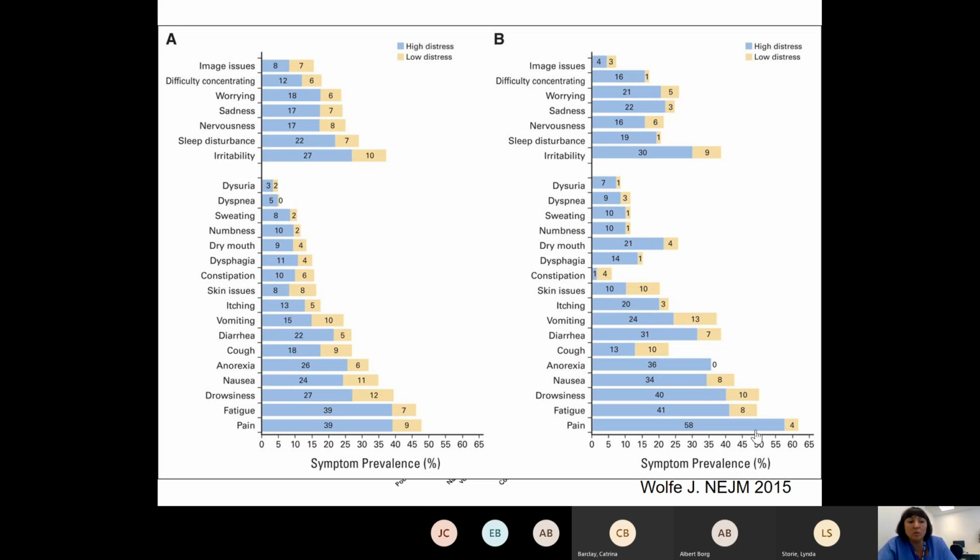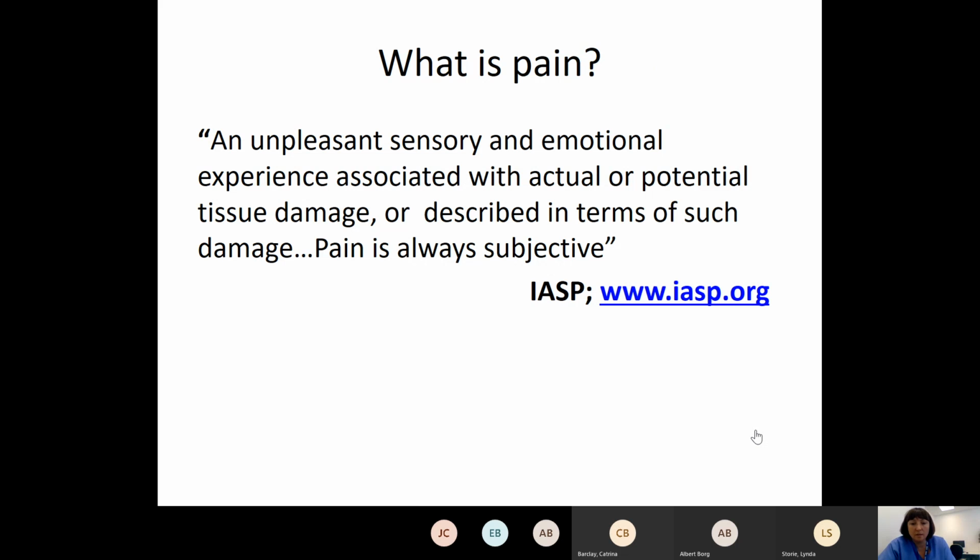So as clinicians dealing with these patients, we want to have a stepwise approach that we can apply to managing these patients. So if you ask yourself, what is pain? It can be sometimes quite a difficult thing to describe, but this is the International Association of the Study of Pain definition, and is what is used universally.